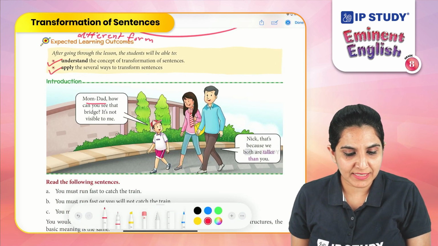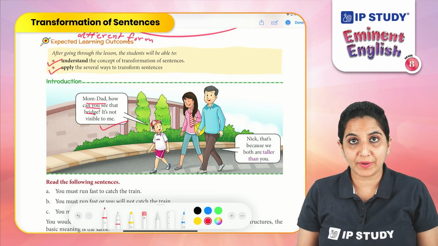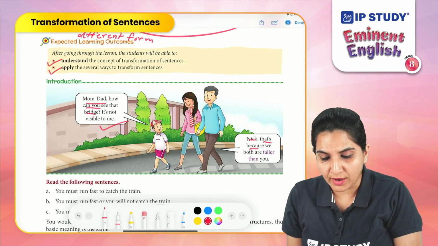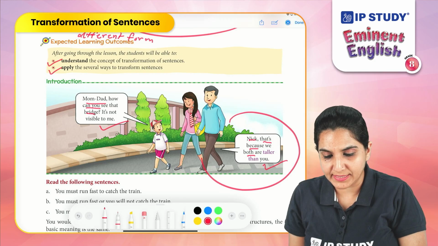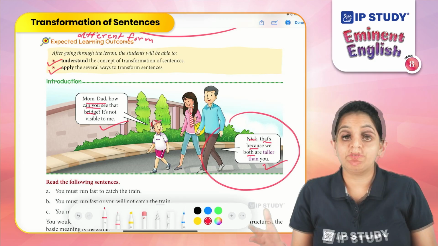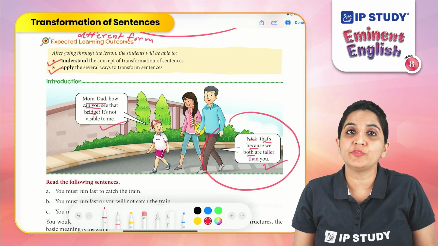Mom, Dad, how can you see that bridge? It's not visible to me. And Mom and Dad reply, Nick, that's because we both are taller than you. Here in this sentence, that's because we both are taller than you, we have changed the sentence into a different form by using a comparative degree.